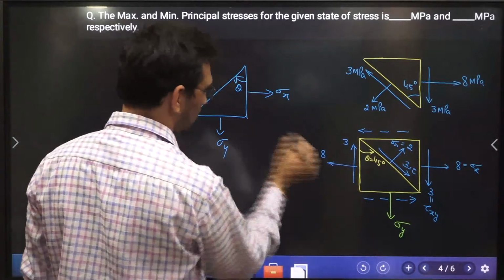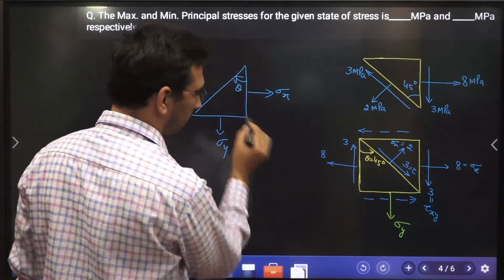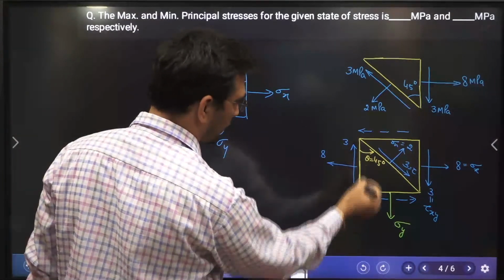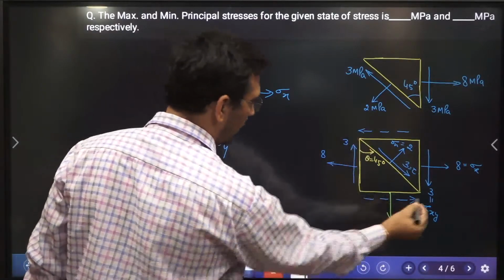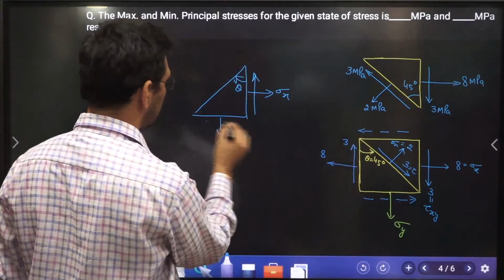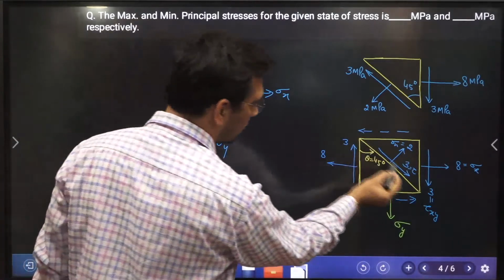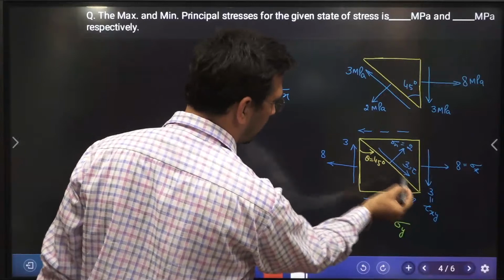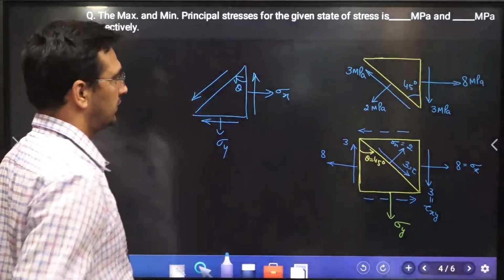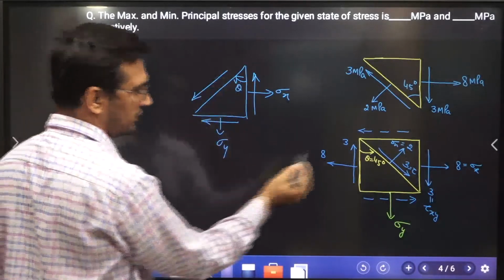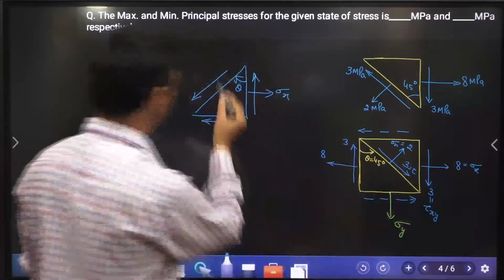In this case, from this corner, where these two faces are perpendicular, shear stress is diverging. It is going away. And the direction of the shear stress that I have shown you over here is away from this corner theta, going away from tau.